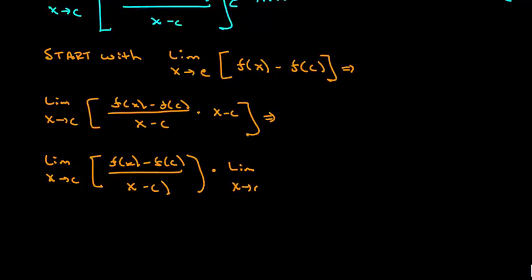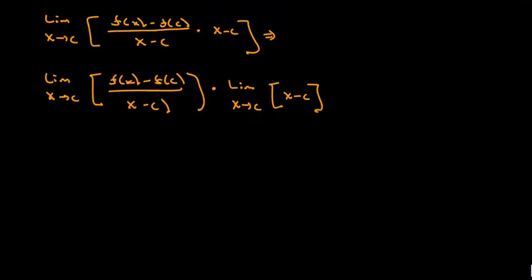And what I'm using right here is our product rule for limits. But this guy right here is equivalent to f prime at c times, now look at this, the limit as x approaches c of x minus c. x goes to c, so this will become c minus c, which is 0.